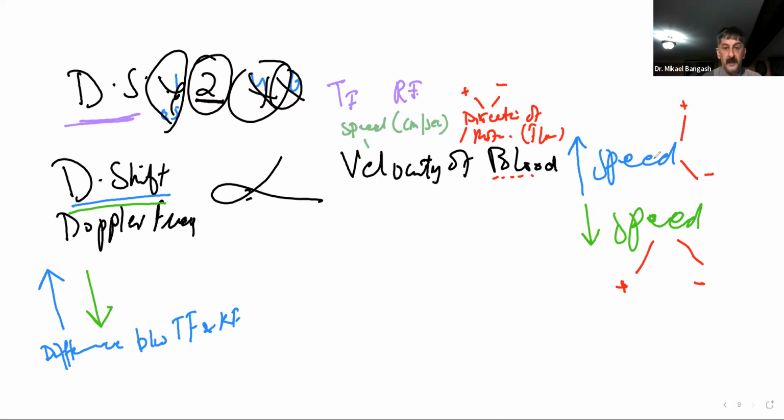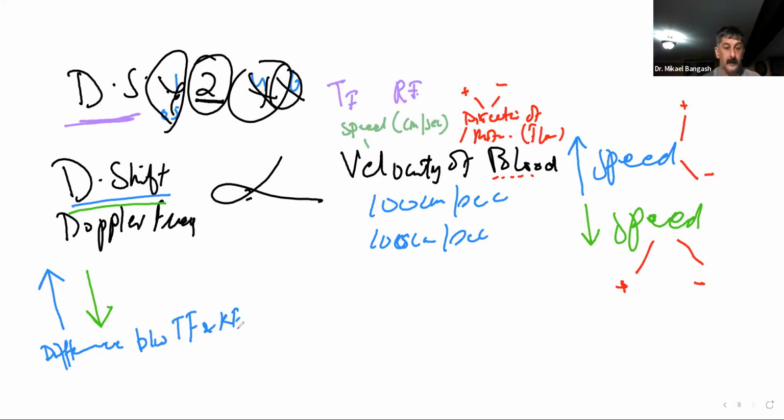So we could have a high speed, let's say 100 centimeters per second, and 100 centimeters per second. Both just indicate in this instance that we had a great difference between the two frequencies.